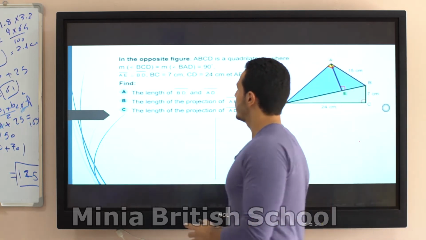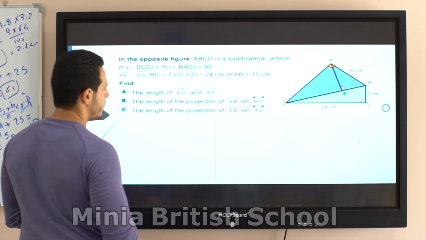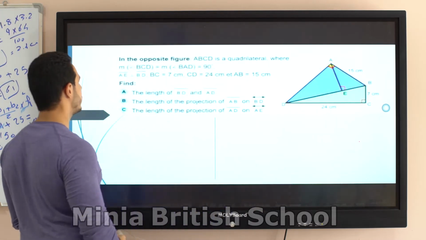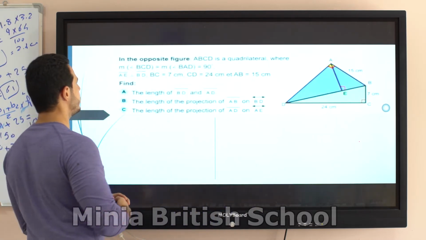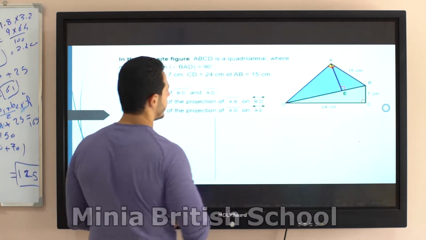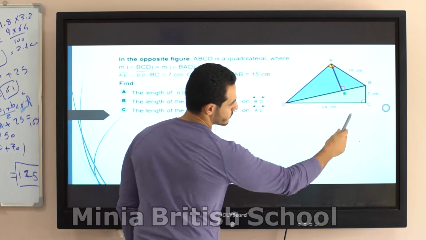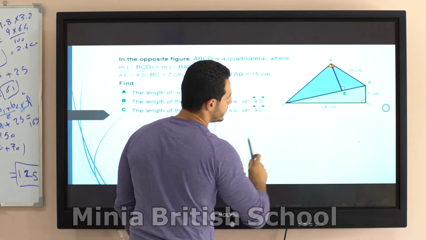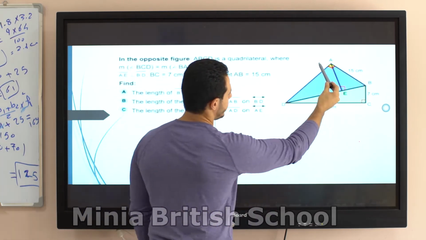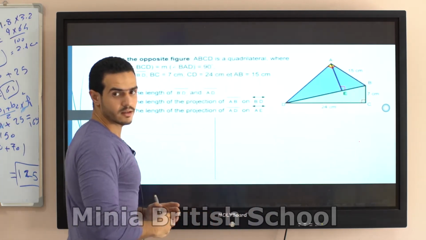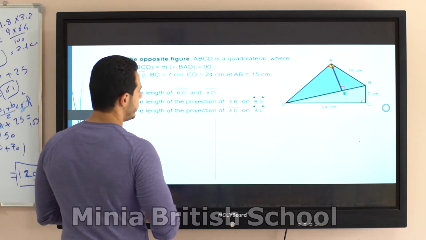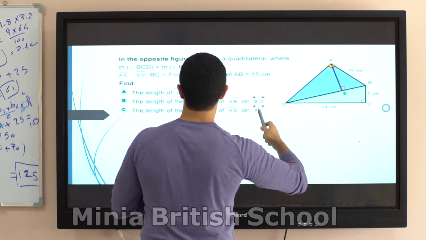Now, in the opposite figure, ABCD is a quadrilateral where the measure of angle BCD equals the measure of angle BAD equals 90. So triangle BCD is right-angled at C and triangle ABD is right-angled at A. AE is perpendicular to BD.